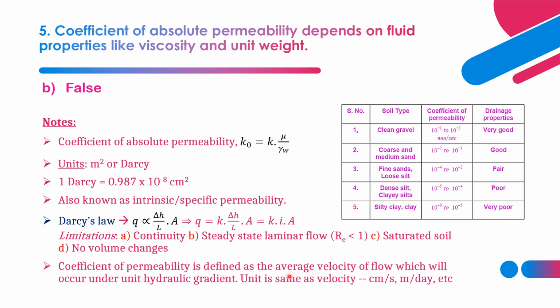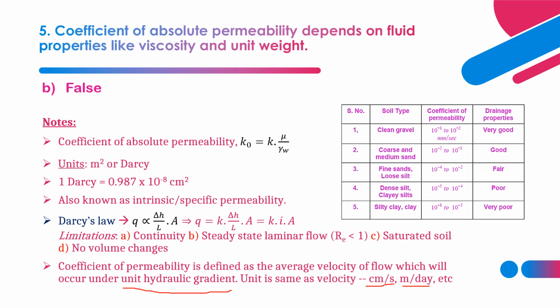Coefficient of permeability is defined as the average velocity of flow which will occur under unit hydraulic gradient. Simply, it is the velocity of flow under unit hydraulic gradient, and the unit is the same as velocity, centimeter per second or meter per day or like that.